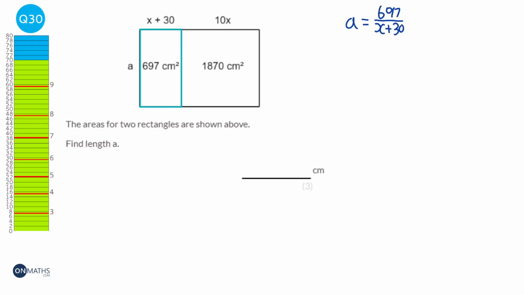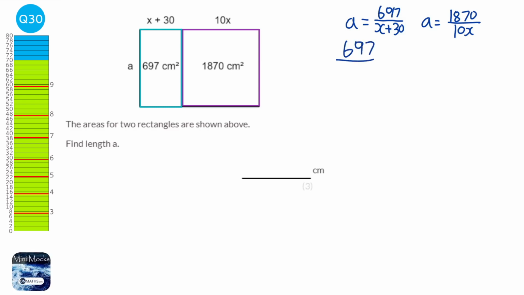Now let's focus on the other rectangle. This time we have A equal to the area of it, which is 1870, divided by the 10x. Now because both of these are equal to A, we can just get both of these fractions equal to each other.